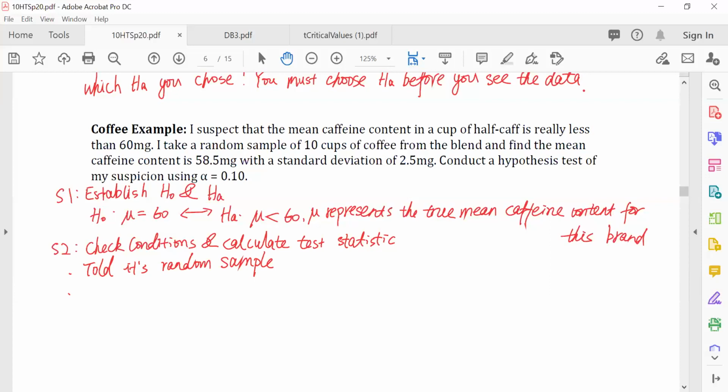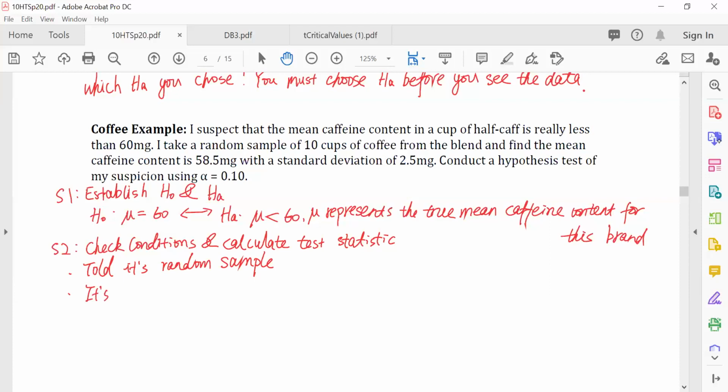But we also mentioned that this assumption is not that strict. You could violate it a little bit because the test is robust.